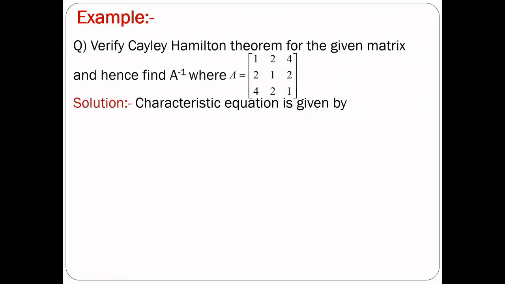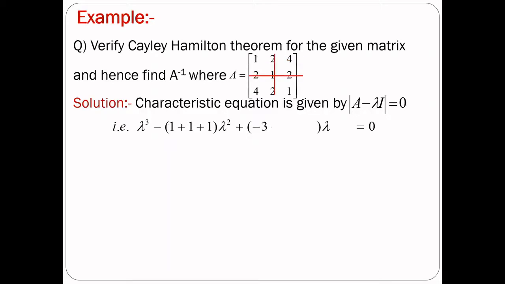The characteristic equation is given by lambda cube minus the sum of the diagonal elements, that is 1 plus 1 plus 1, plus the sum of the minors of the diagonal elements. So hiding the row and column for the first minor, we get minus 3.